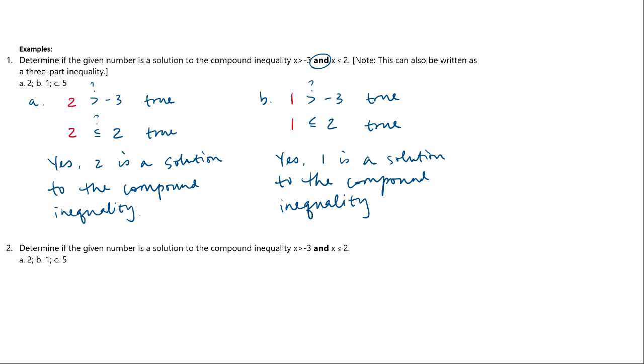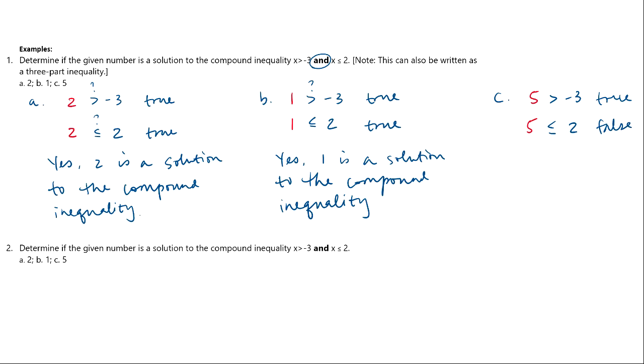Lastly, let's check 5. If we plug that in, same idea as before, we check whether 5 is greater than -3. We can see this is a true statement, 5 is indeed greater. Then we check whether 5 is less than or equal to 2. We can see 5 is greater than 2, so this is a false statement.